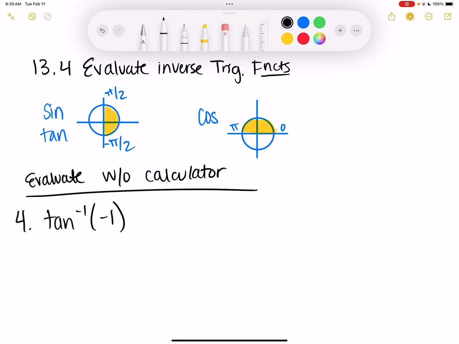So it's down here, but it's not 7 pi over 4. It's minus pi over 4, because we're from negative pi over 2 to pi over 2. 7 pi over 4 does not occur in that range. So this is minus pi over 4, or minus 45 degrees.